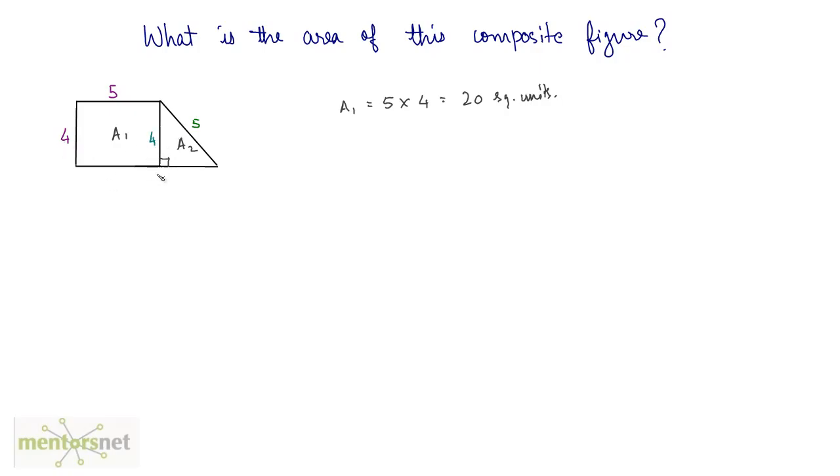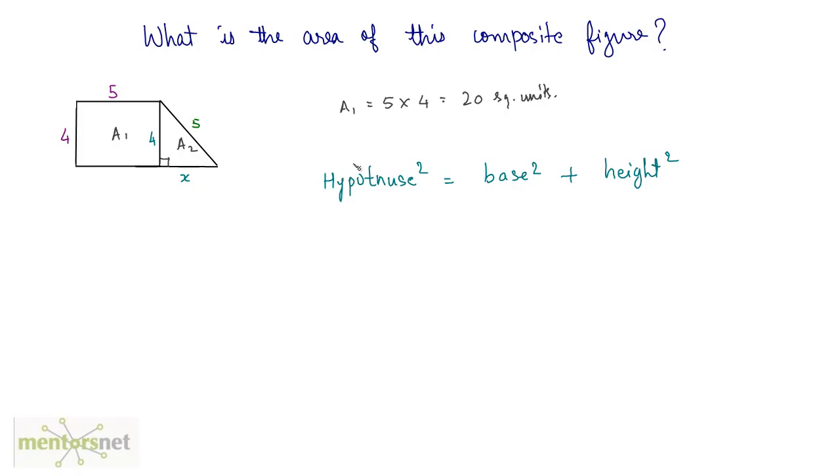Okay, now we need the length of the base first before we calculate the area. Now being a right angled triangle, we can apply Pythagoras theorem. Now if you don't know what is a Pythagoras theorem, let me write the formula for you. So hypotenuse square is base square plus height square.